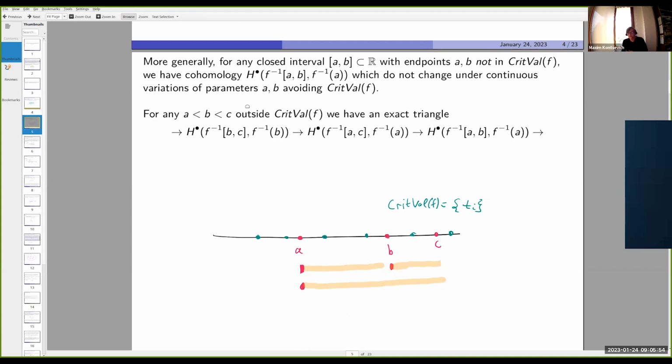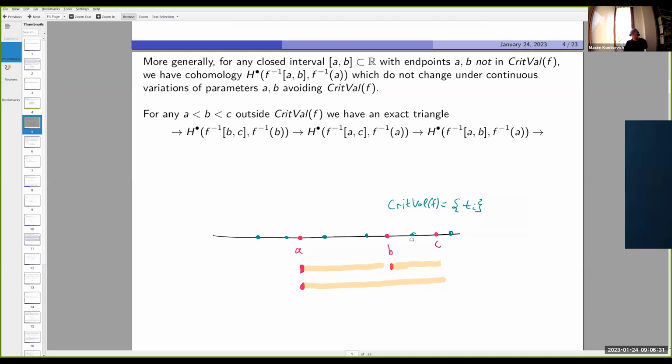Obviously, the homology does not change under continuous variation of the parameters a, b avoiding critical values. We get the jumps as the particular case when the closed interval contains exactly one critical value. In general, if you have three numbers a, b, c outside of critical values, then we get three intervals, and three homology groups or complexes, and they form an exact triangle.